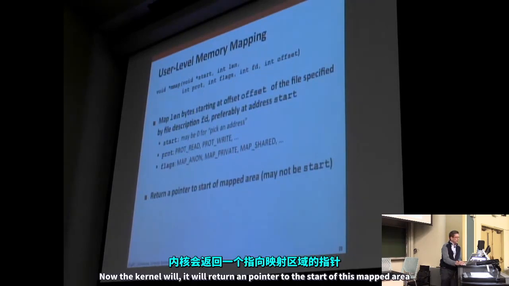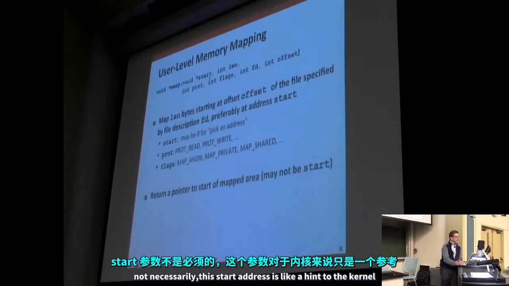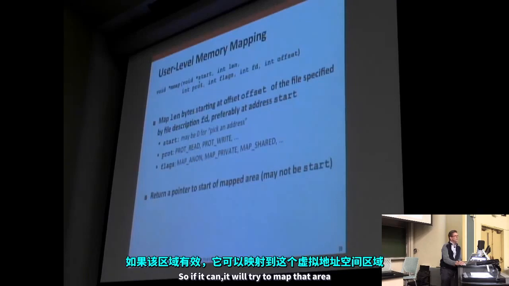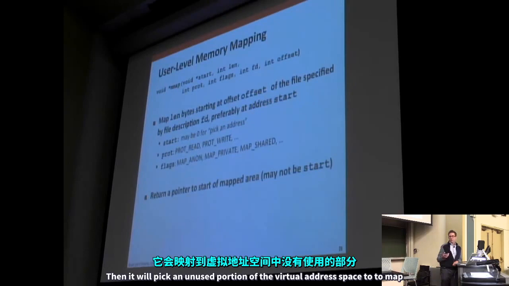Now the kernel will return a pointer to the start of this mapped area. Not necessarily the start address you gave; that start address is like a hint to the kernel. So if it can, it will try to map that area. But if that portion of the virtual address space is already contained in some already existing area, then it'll pick an unused portion of the virtual address space to map.